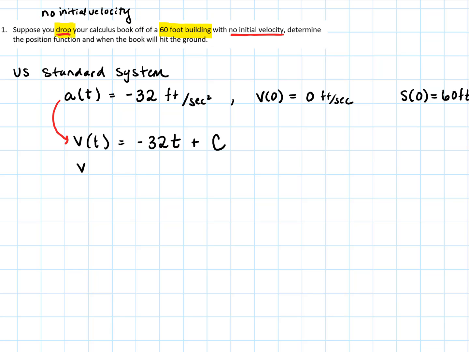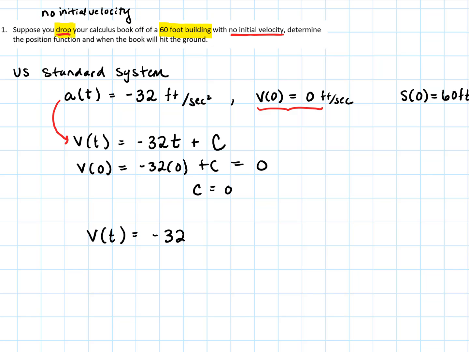How am I going to find c? I'm going to plug in my data from initial velocity. v of 0 equals 0. So plug that in, and c is just going to be 0. That means our velocity function is simply negative 32t.